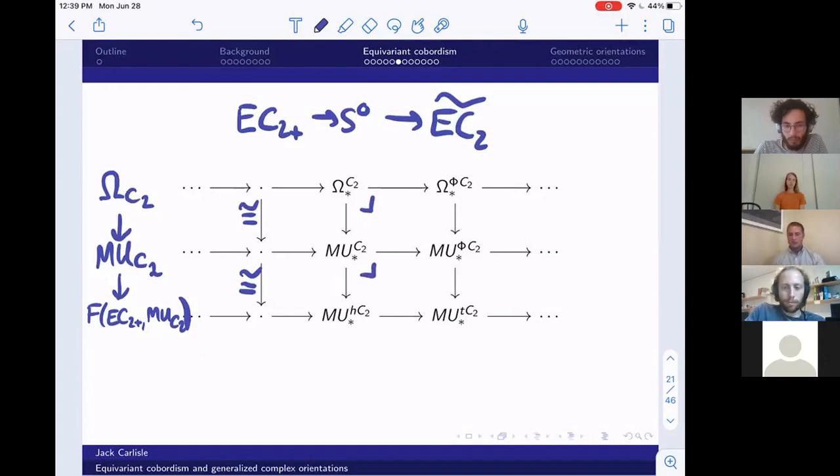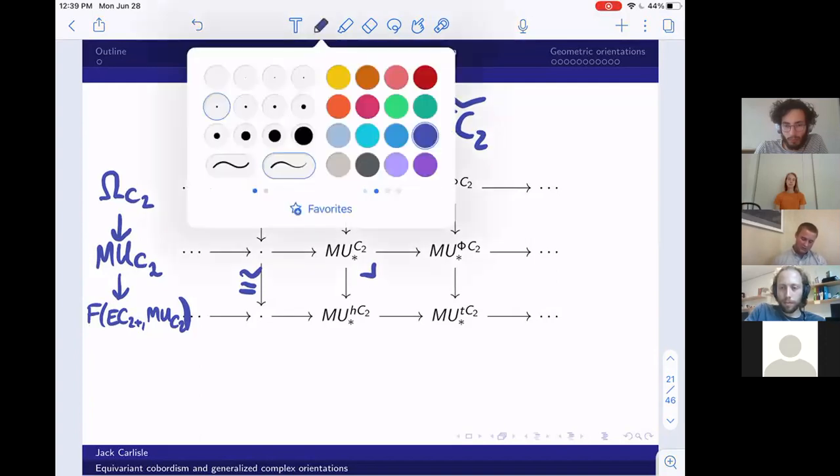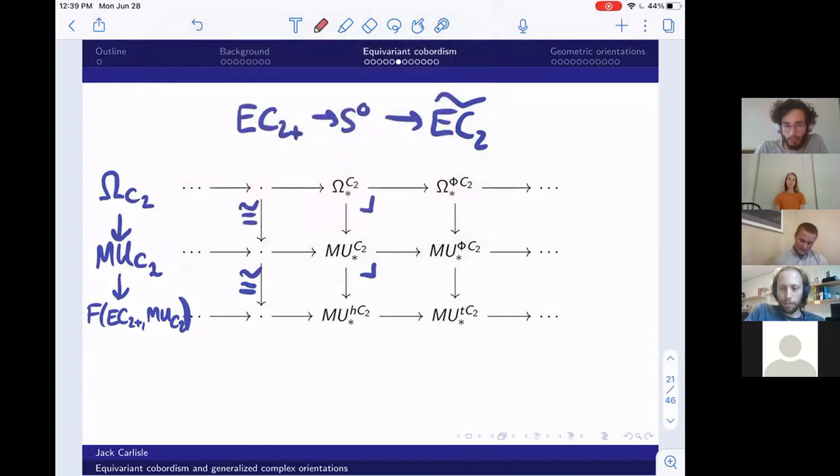And this is the key point, because once we have this, it tells us that if we want to calculate this omega C2 star ring, in which we're very interested, it suffices to calculate this stuff. And it turns out that each of these terms is much more calculable than the actual cobordism ring of C2 manifolds.